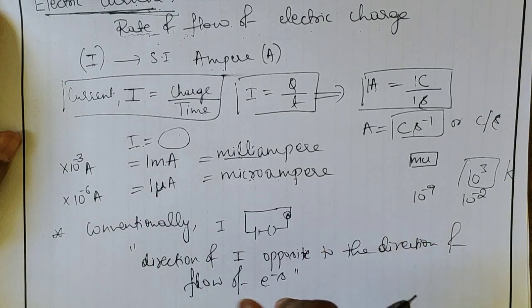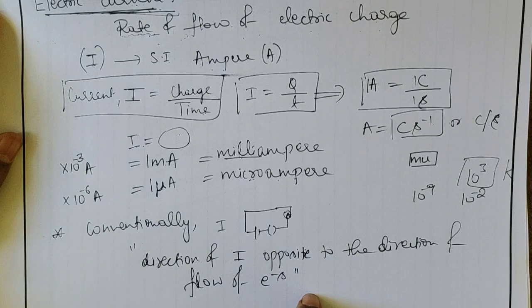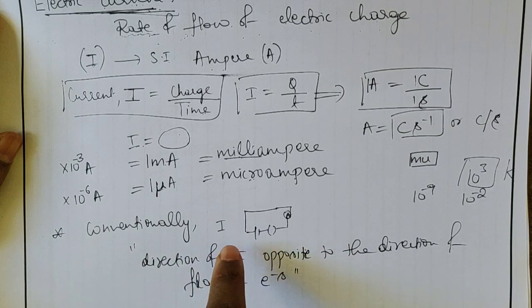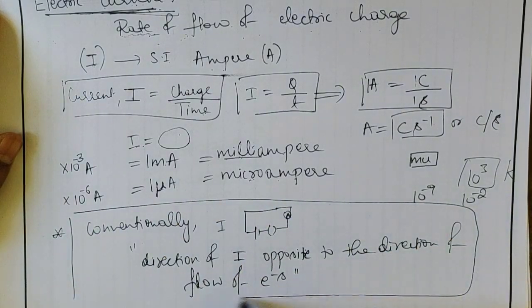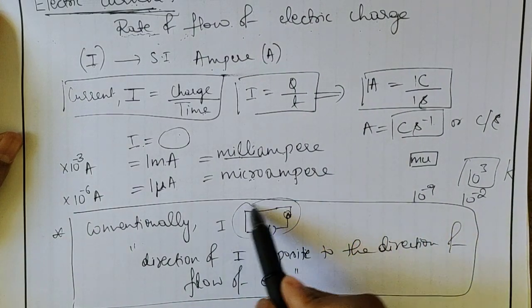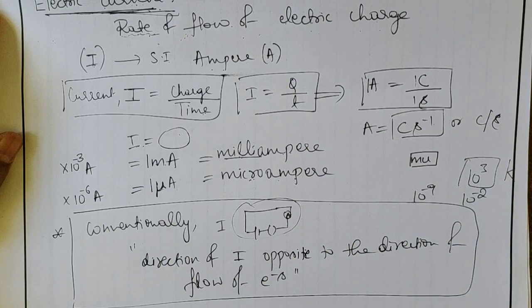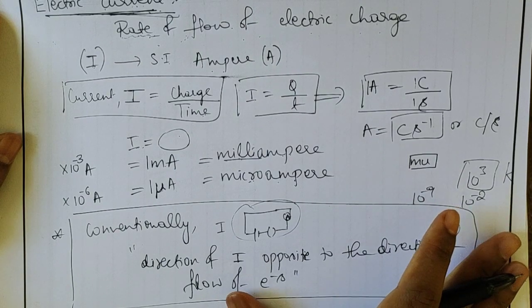So always remember that the flow of current will always be opposite to the flow of electrons. Clear? At the same time, vice versa, the flow of electrons will be opposite to the flow of current, which we are assuming conventionally. I'll confirm this again when I start with the electric diagrams, as all the next topics are based on circuit diagrams. Clear? Now these are the basic things which you need to remember.